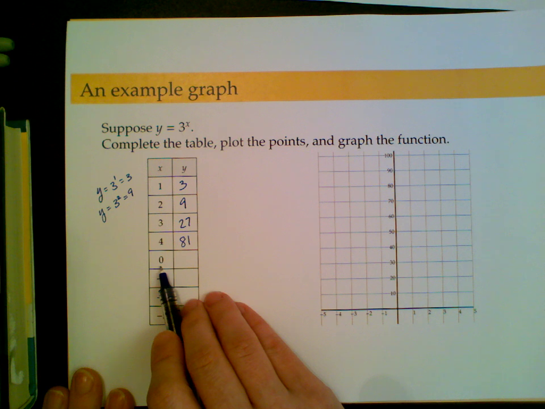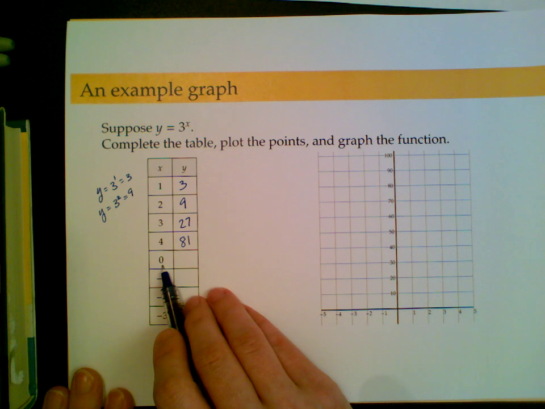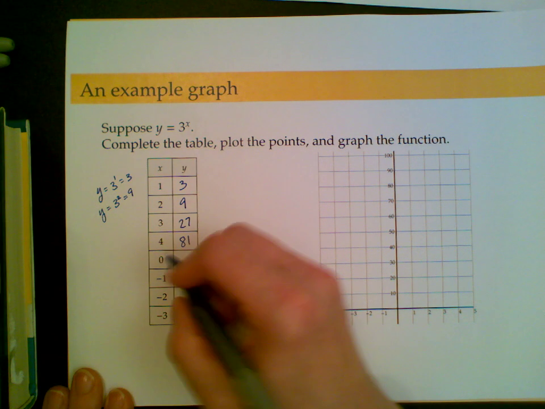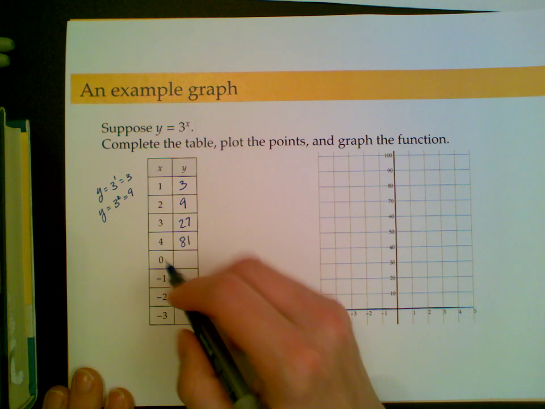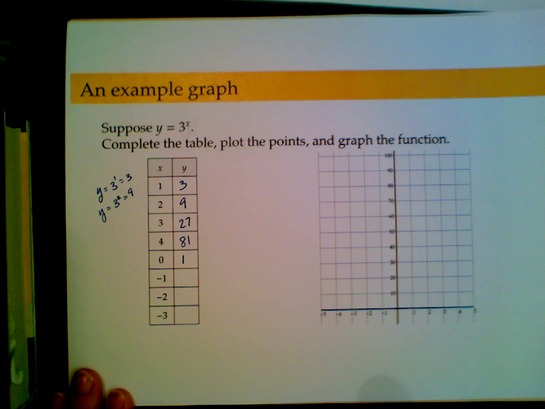Notice that my x column has changed to a 0, so I want 3 to the 0. Any number to the 0, well, except for 0, which is undefined, but 3 to the 0 in particular is 1. So any non-zero number raised to the 0 will always give you 1.